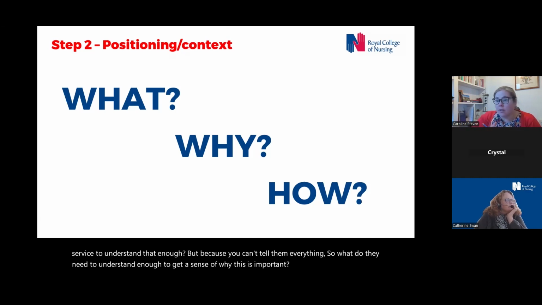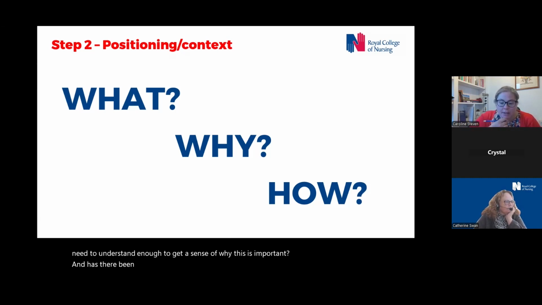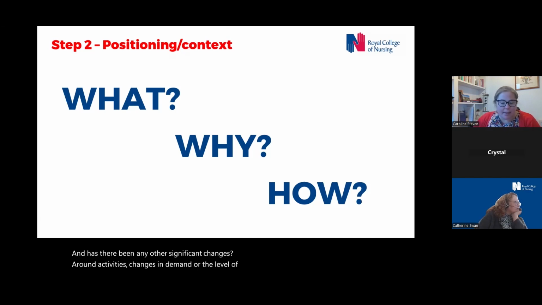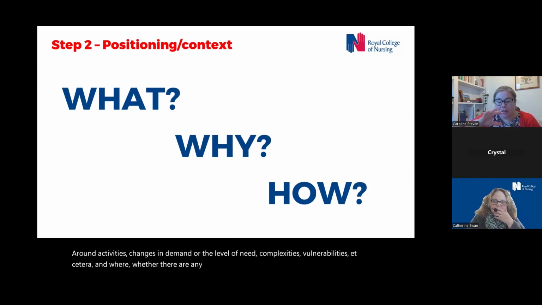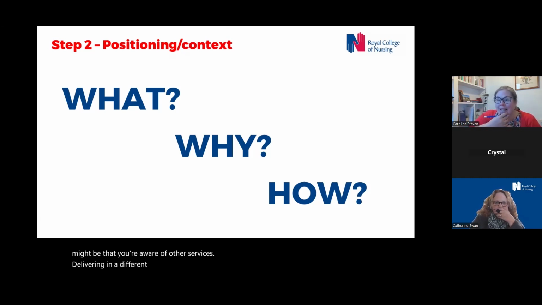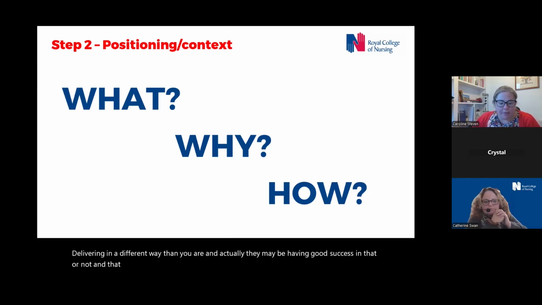Has there been any significant change in activity, demand, level of need, complexities, vulnerabilities, and are there any significant differences from services that are commonly out there? You might be aware of other services delivering in a different way than you are, and they may be having good success or not, and that's why you want to do that bit of comparison as well.